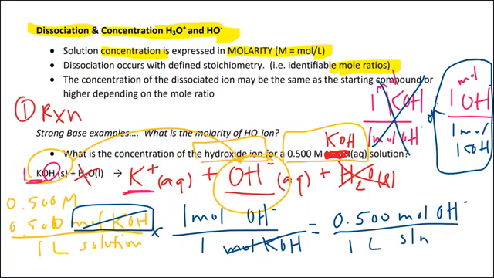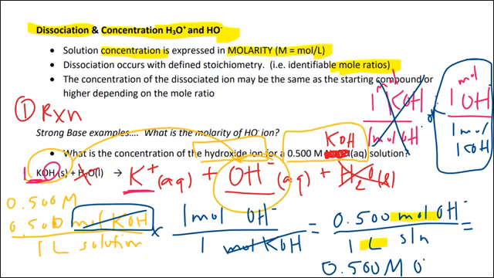And because we know that moles per liter is molarity, I can then say that this is equal to 0.500 capital M molar of OH⁻. So because we have a 1-to-1 mole ratio, we can see that the concentration that I started with is going to be equal to the concentration that I am finishing with.